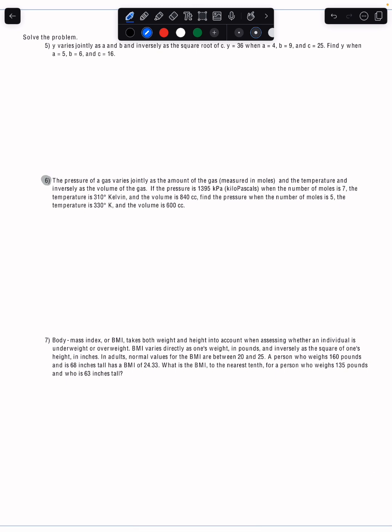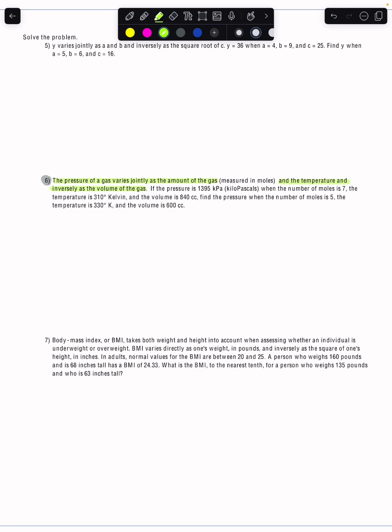Moving on to the final problem, number 6, a big hefty word problem. It says the pressure of a gas varies jointly as the amount of gas and the temperature, and inversely as the volume of the gas.